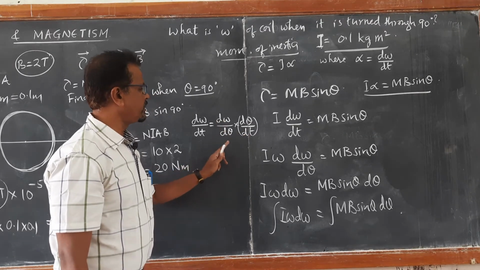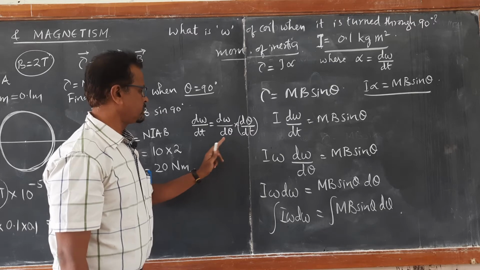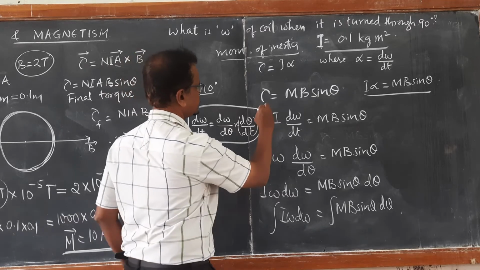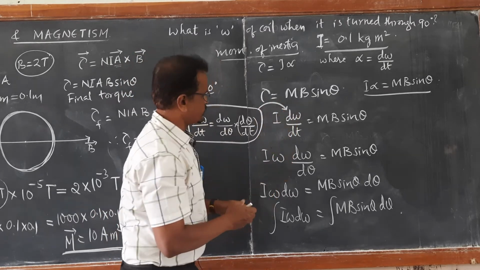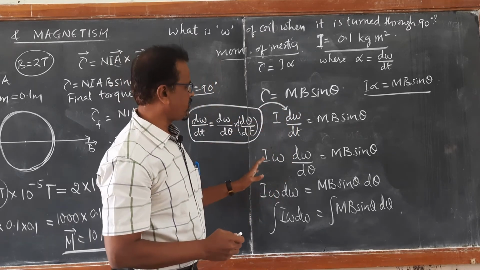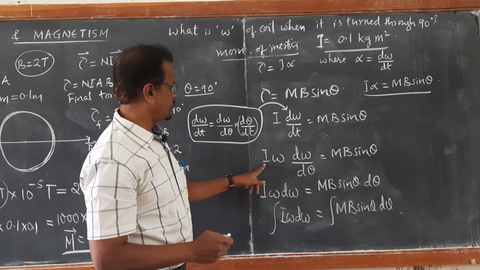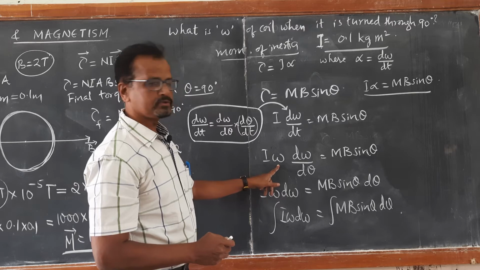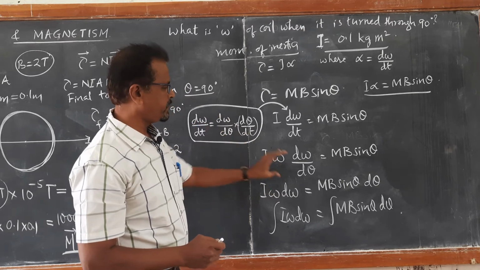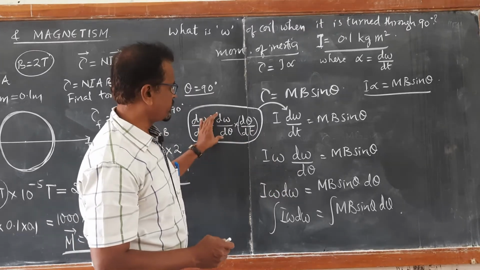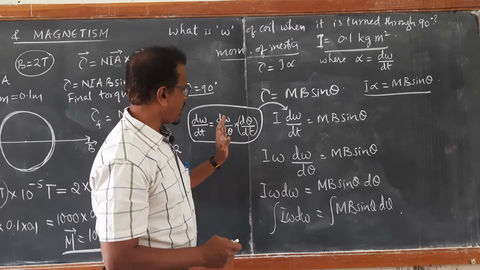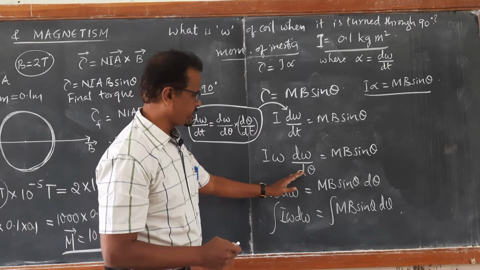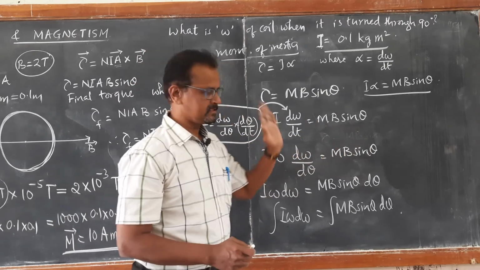So substituting, we get I into omega into d omega by d theta equal to mB sin theta.